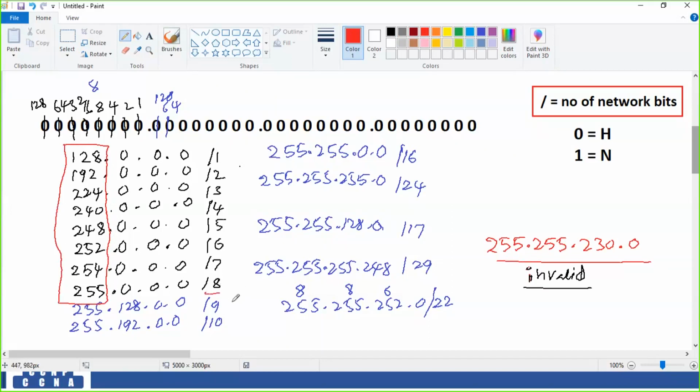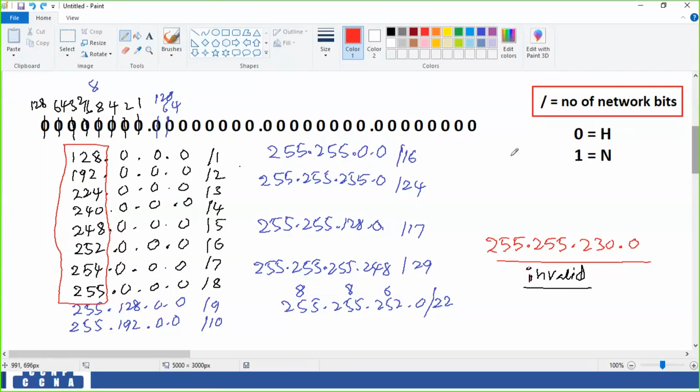After /8, starting with /9, /10, we get the same values 128, 192, 224, 240 repeated. In the third octet also the same values, and in the fourth octet also. Then how can 230 be possible? Invalid, sir. So if you remember these values, that is good enough. Got it? Clear, sir.